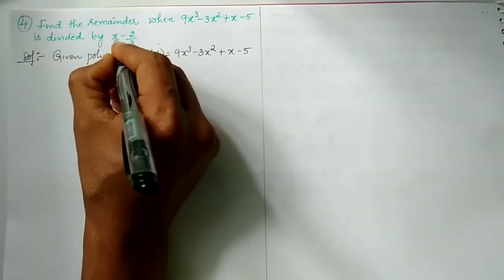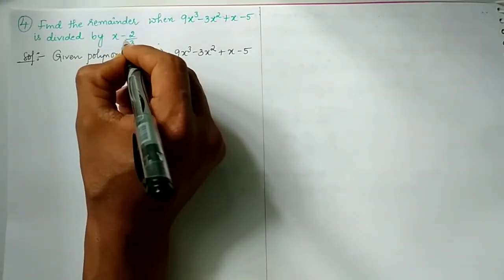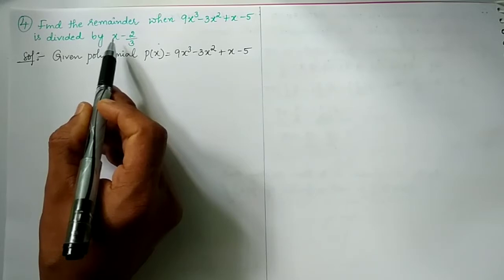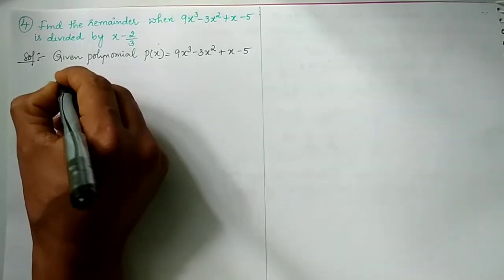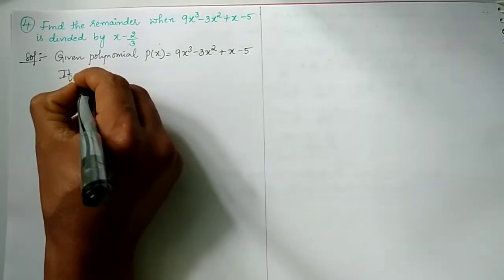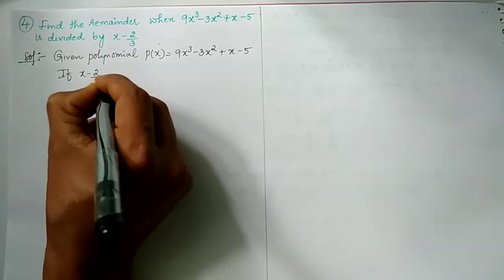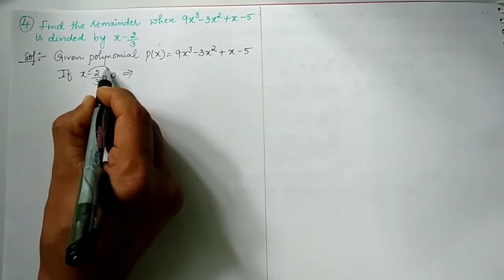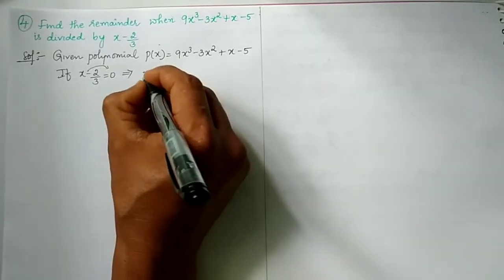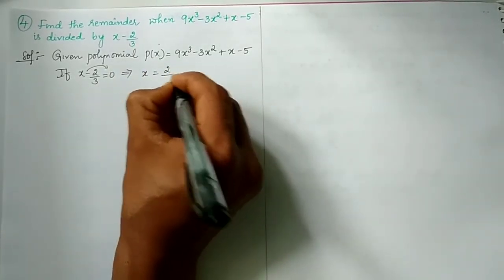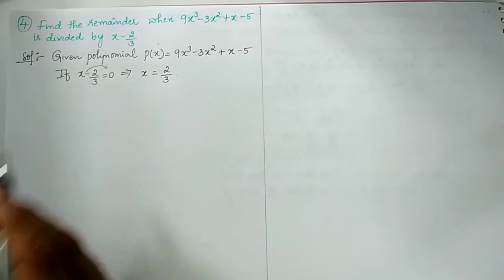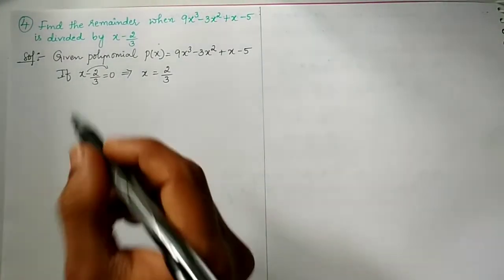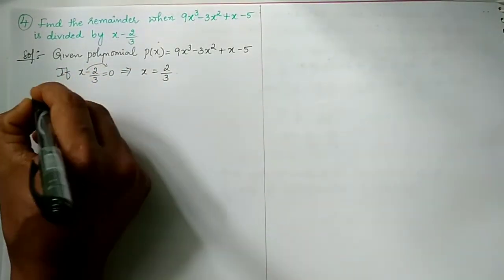So x minus 2 by 3 is a linear polynomial. From this we have to find the value of x by taking x minus 2 by 3 equals 0. That implies, if I transpose minus 2 by 3, the value of x equals 2 by 3. So we have to substitute x equals 2 by 3 in the given polynomial.